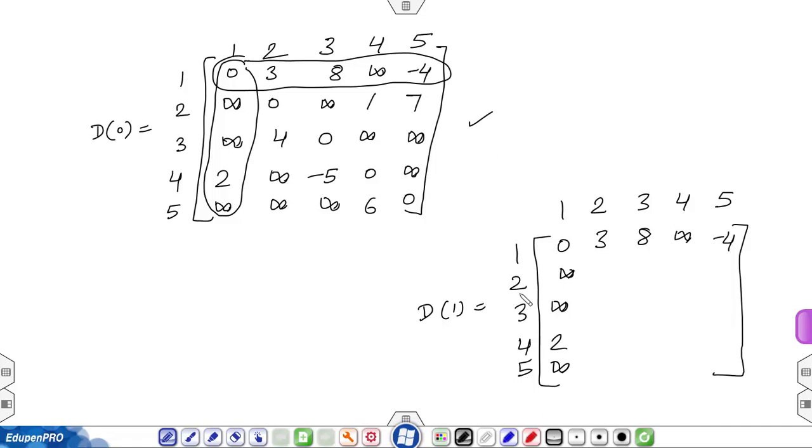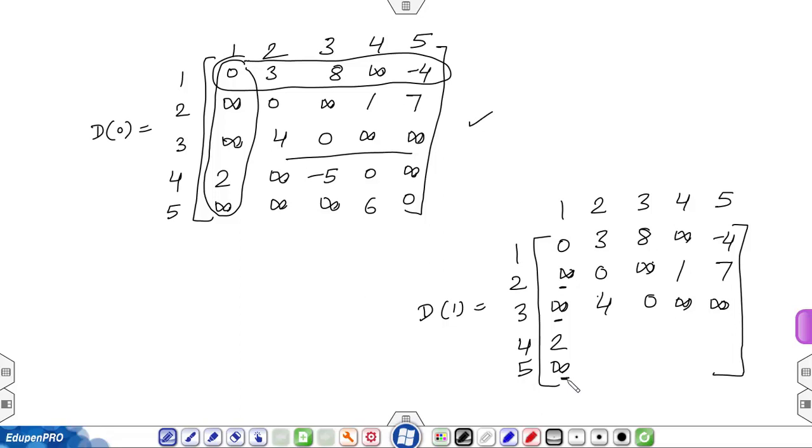Now see, in the second row, what is the value here? Infinity. So these values remain the same: 0, infinity, 1, 7. Same way for the third row, this is infinity, so these values remain the same: 4, 0, infinity.